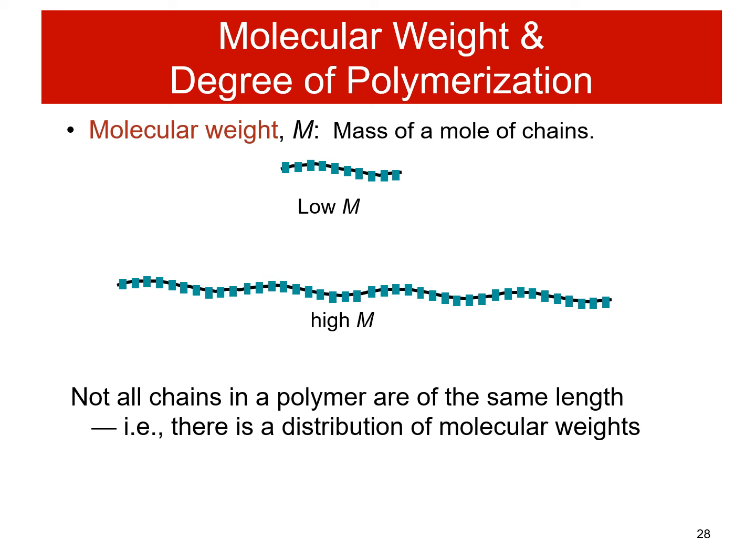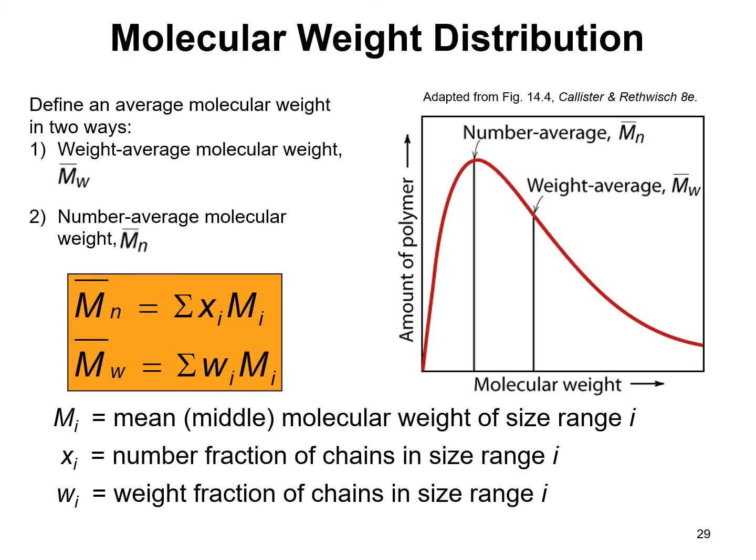So in order to quantify this, we may be using a statistical approach. From the statistical approach, as I mentioned, we can now calculate the molecular weight distribution. If we look at this particular plot of the amount of polymer versus the molecular weight, we can define two things here, which is the average molecular weight based on the number average or the weight average molecular weight using the two formulations.